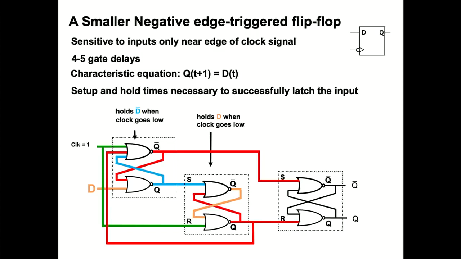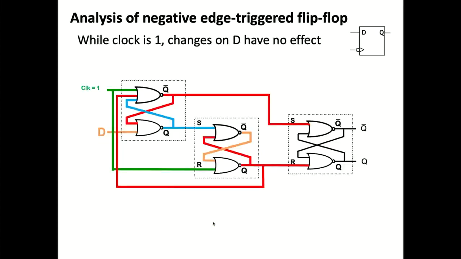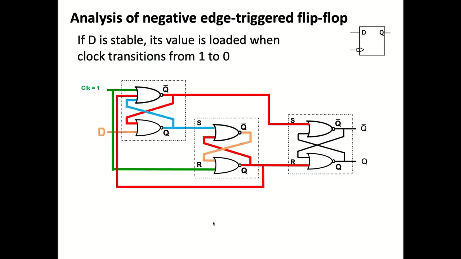So again, while the clock is 1, changing D doesn't have any effect on the last RS latch. Okay. But when we make the clock go low, we're actually going to load the value into that last latch.